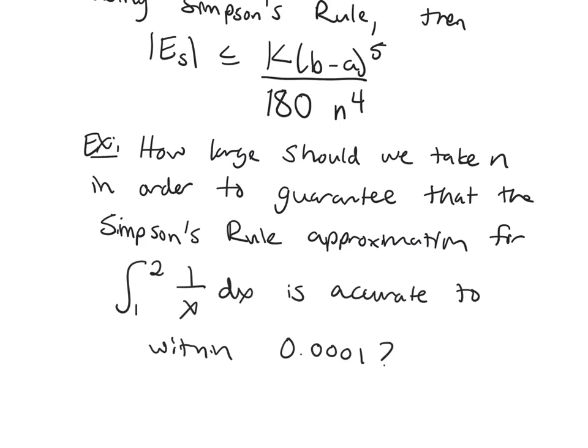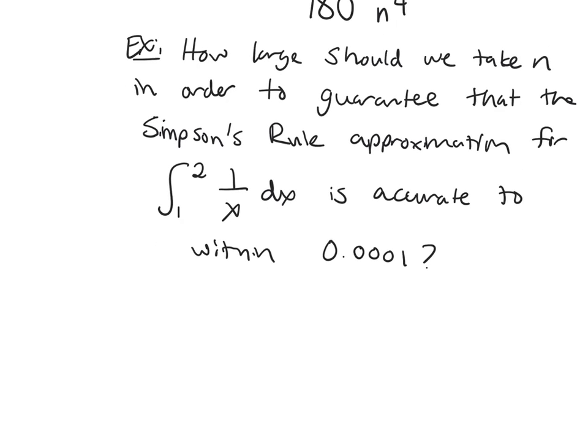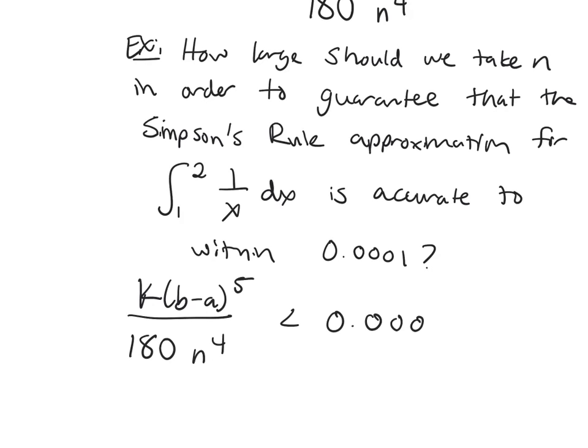We saw a question like this yesterday, but for the trapezoidal rule. Do you remember what we did? Exactly. So I'm going to take this bound here from my error approximation and set K (b minus a) to the fifth over 180 n to the fourth to be less than 0.0001.